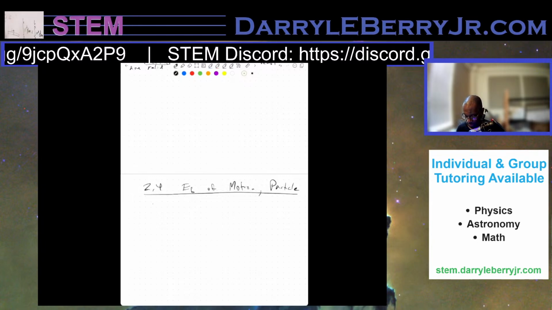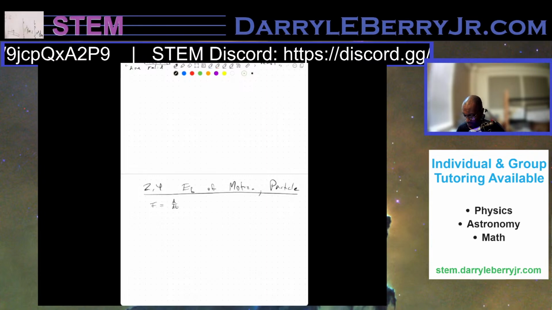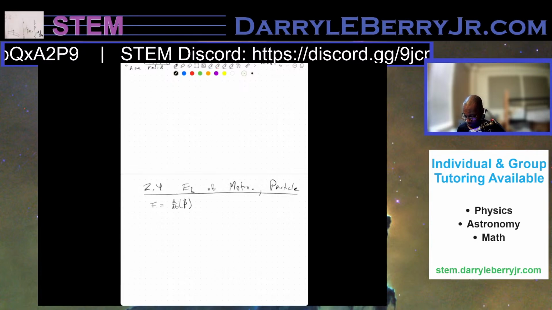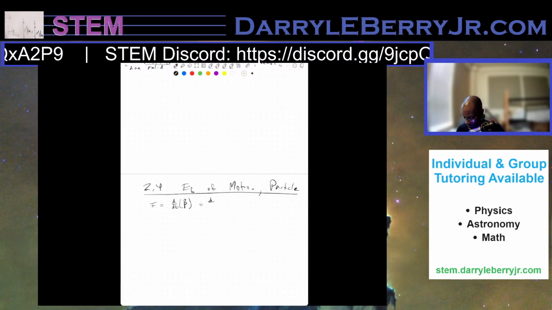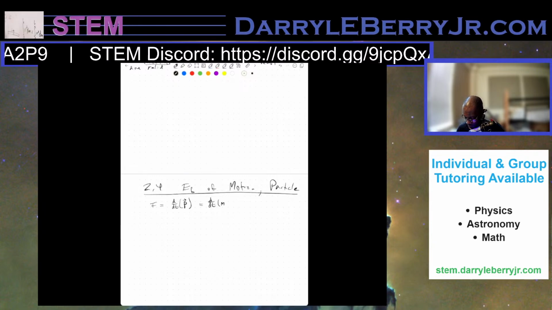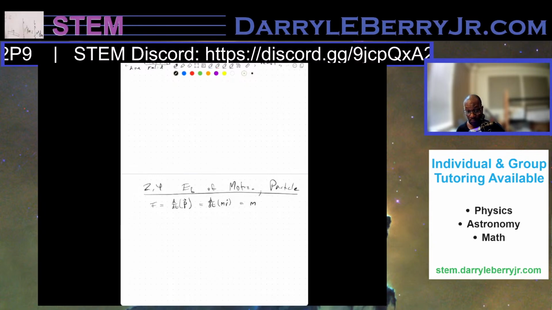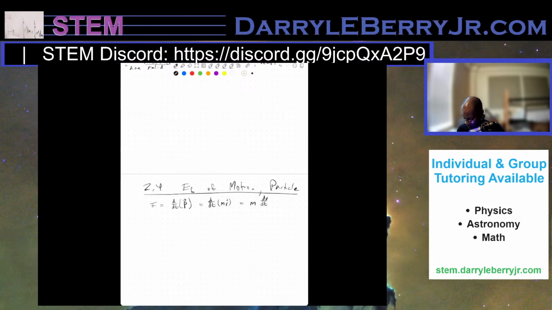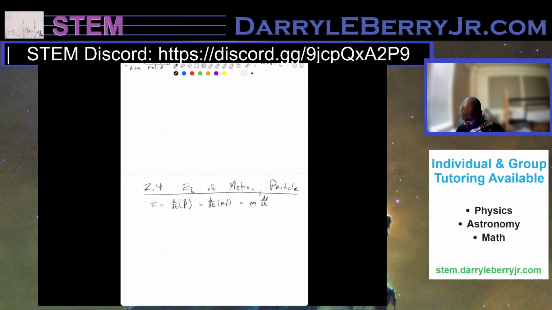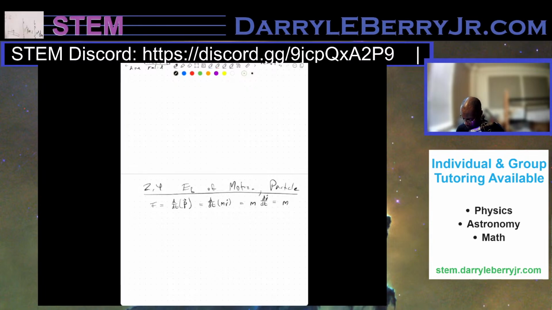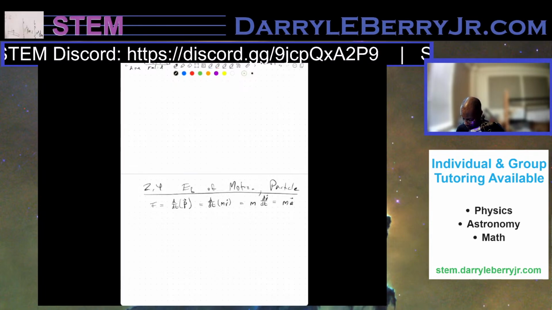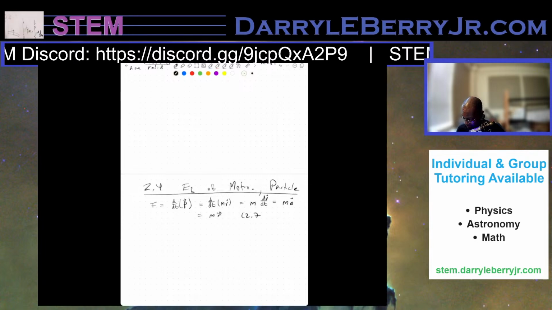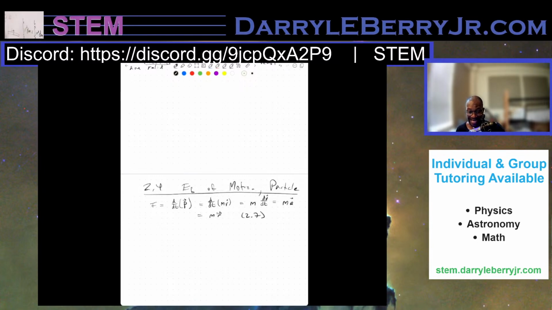Use equation F equals dp over dt, which can be expressed alternatively as equation 2.7, if we assume that the mass m does not vary with time.